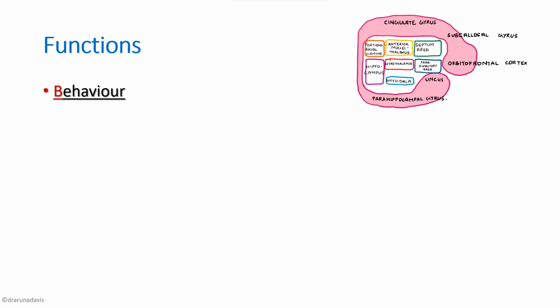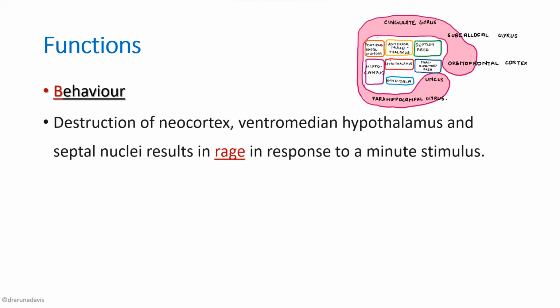The next important function of the limbic system is behavior. How did we know that the limbic system is involved in behavior? Scientists found out that destruction of the neocortex and ventromedial hypothalamus and septal nuclei resulted in a rage response to minute stimulus. Rage means uncontrolled anger.